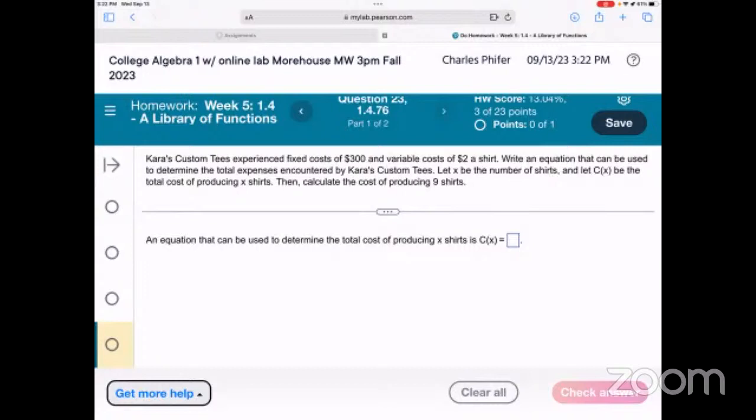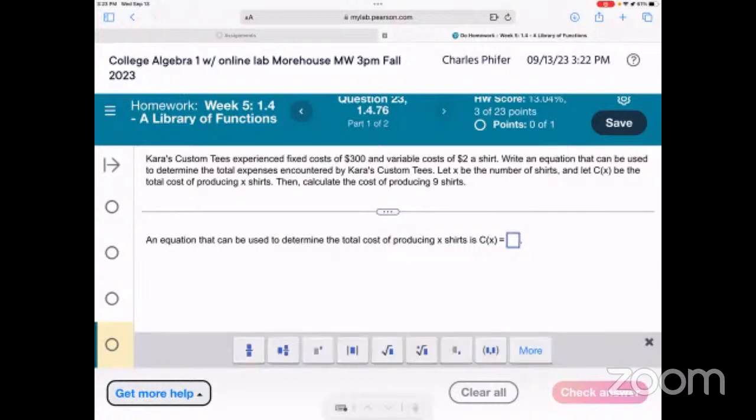Okay, so they gave us information about her cost function. It says there's a fixed cost of $300. That means for her to start this business, she needs at least $300 to get started. That might be the brick and mortar, or it could be renting out a space, who knows. But that's for her to get started, she needs $300.